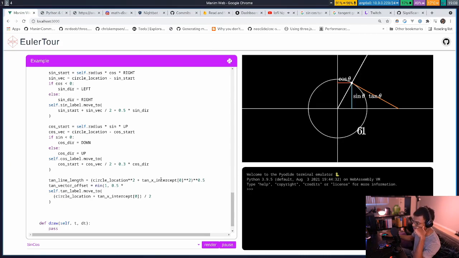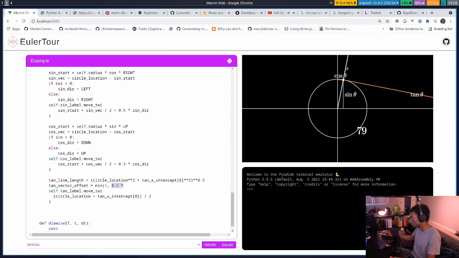Okay, so that's the length of it. Oh, and that divided by 2. Oh, that's what I'm doing here. So it can be 1, a length 1 offset along that vector.